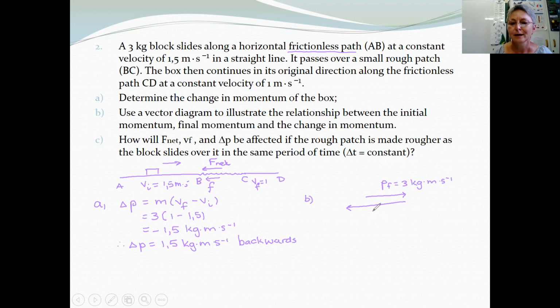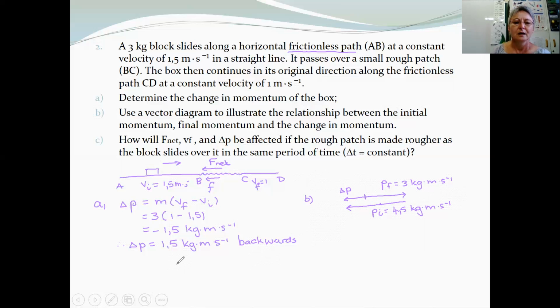But we subtract the initial momentum from the final momentum, which is the 4.5 initial momentum subtracted from the 3 kilogram meters per second. Therefore, you see that the change in momentum, which we draw from the tail of the final momentum to the head of the initial momentum, is towards the left.